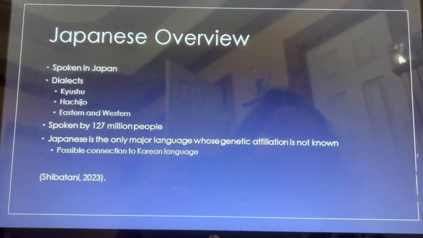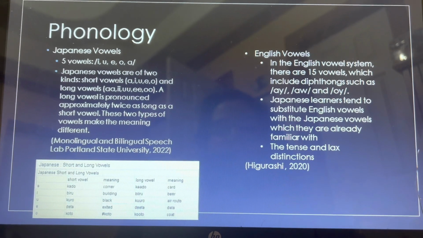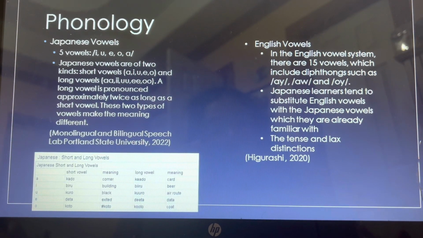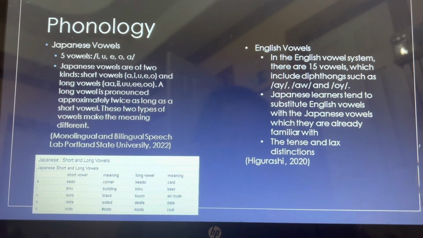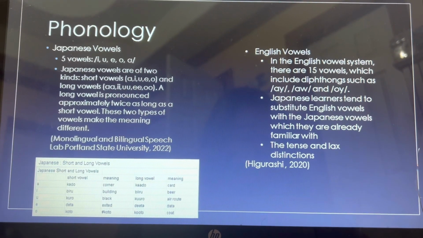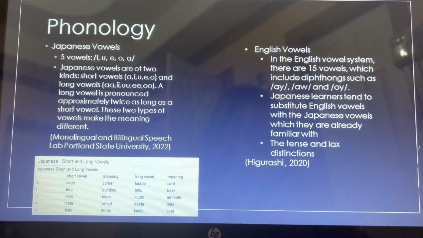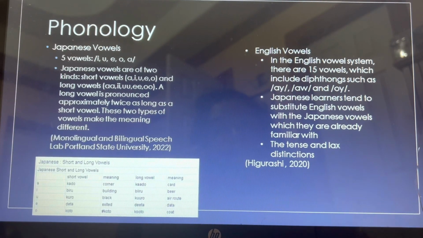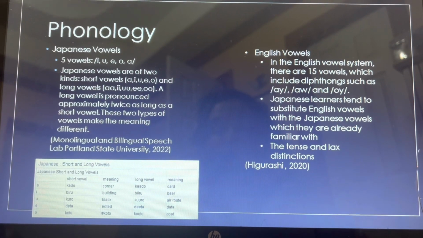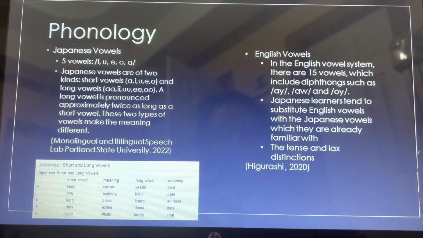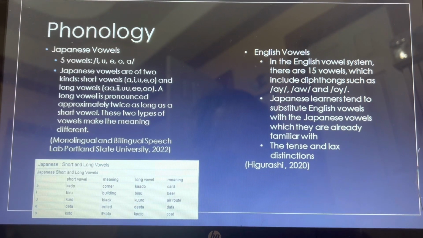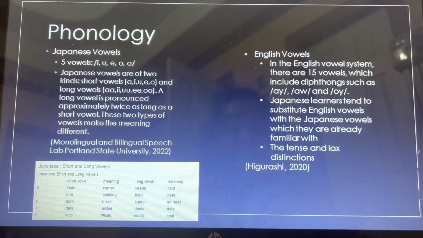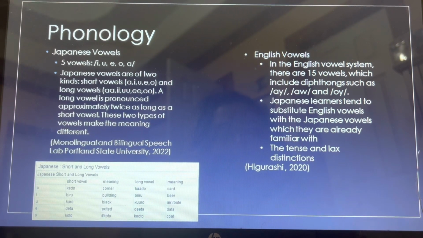Okay, so now I'm going to go ahead and talk about the phonology differences between Japanese and English. The first difference is that, as you can see here, the Japanese language contains only 5 vowels. With these 5 vowels, though, there are, of course, long vowels and short vowels, which, as we all know, with every language, could make a complete difference in meaning when you're trying to speak. Next, we have the English vowels.